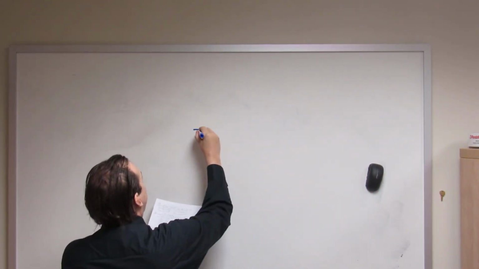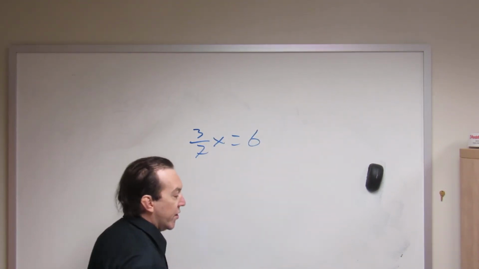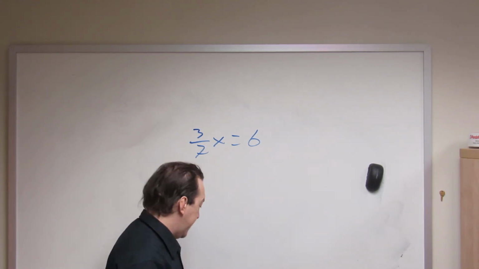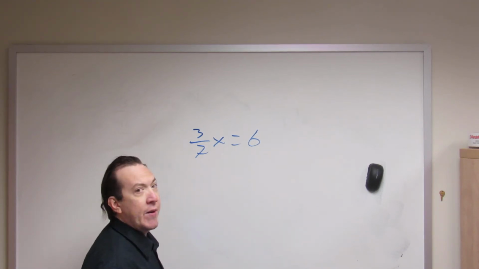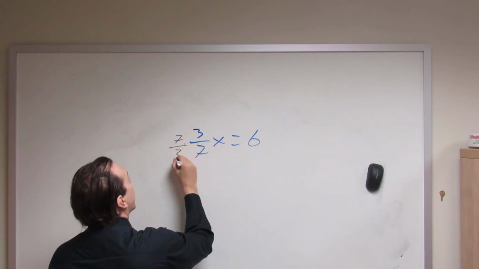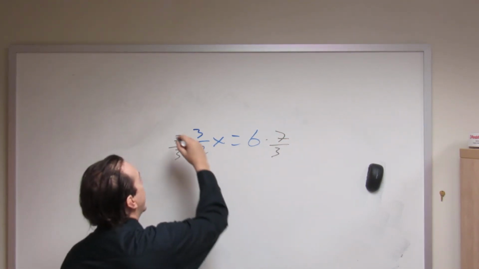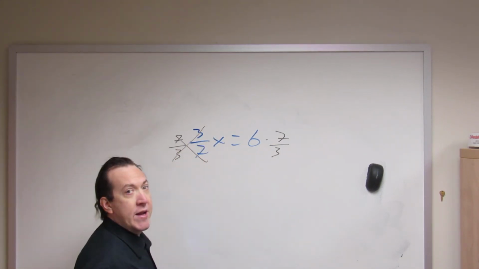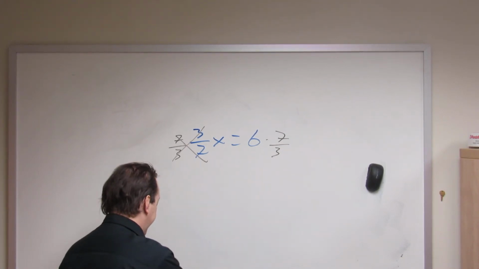Let's say we have 3 over 7x equals 6. So now we have a fraction as our coefficient. What we're going to do is multiply both sides by the reciprocal. So we flip that, 7 times 3 on both sides. Here, they're going to cancel each other. 3 divided by 3 is 1. 7 divided by 7 is 1.